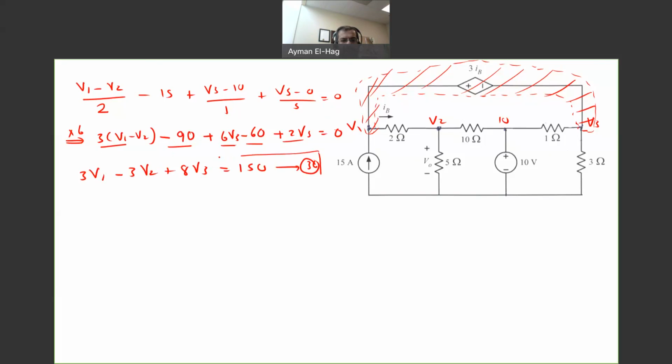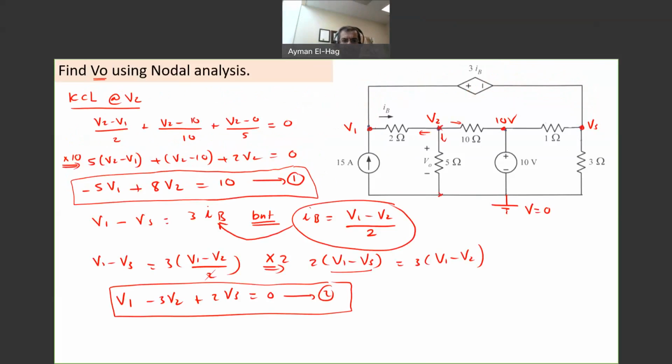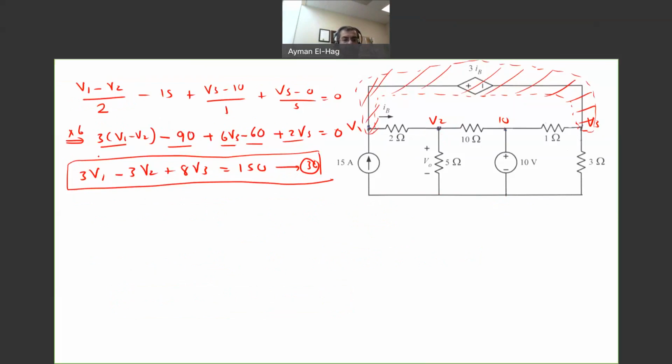So now we have 3 equations with 3 unknowns. Our electrical part is done. Now let's start the math part. Okay, so we have 3 equations. We can bring equation number 2 and eliminate V3. So equation 2 says V1 minus 3V2 plus 2V3 is equal to 0.